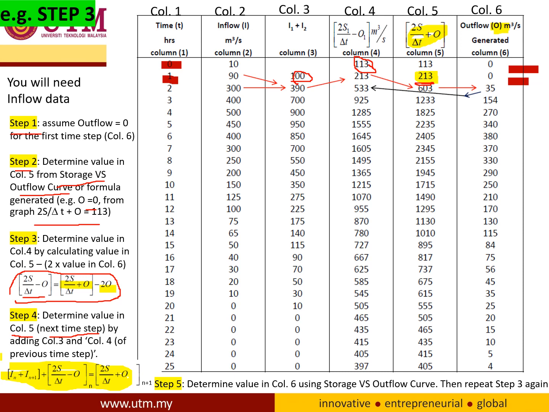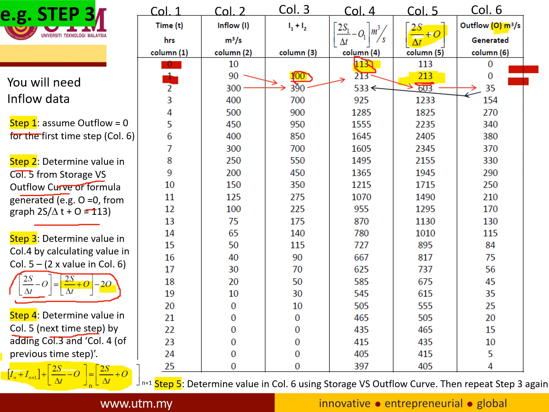You add column 3, I1 plus I2, see the formula is similar, plus the value of column 4 at the previous time step. This is what we call the continuity equation. We add column 3 plus column 4 of the previous time step to get column 5, 213.